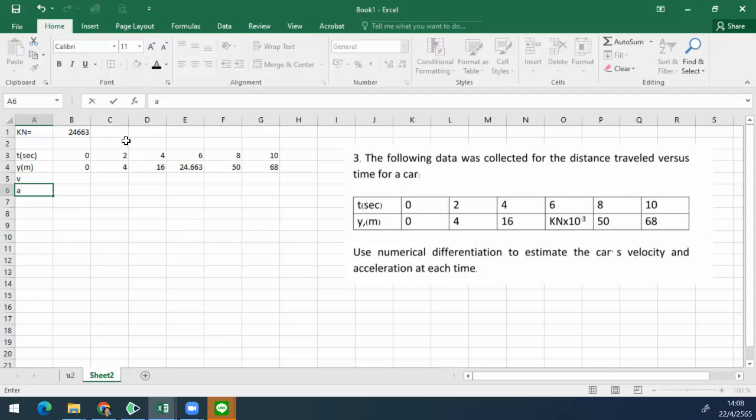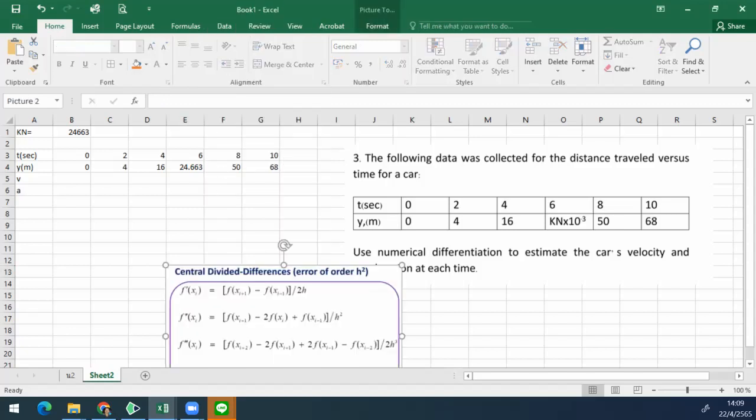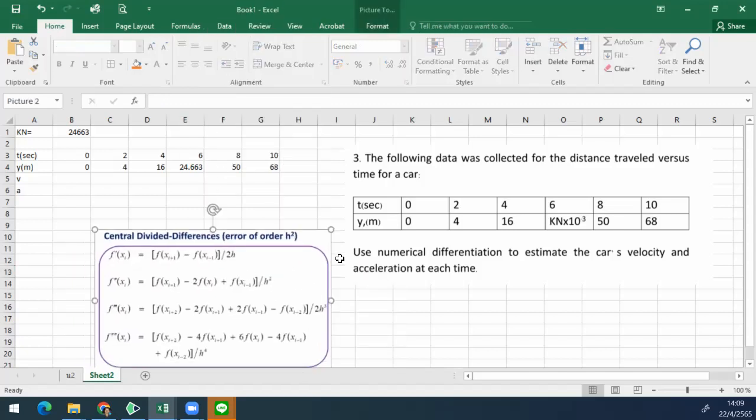For the middle data, we will use the central difference of order h squared. After that we will apply the more accurate forward difference and more accurate backward difference for both ends. We start with the central difference. That's very easy to find. This is the formula for central difference of order h squared.